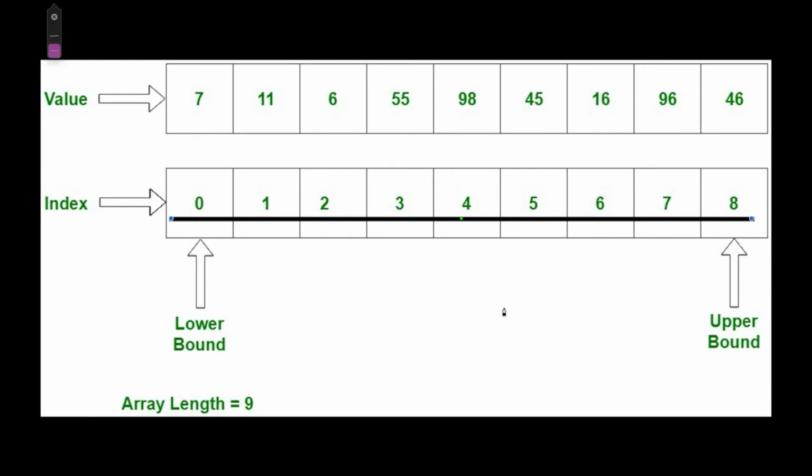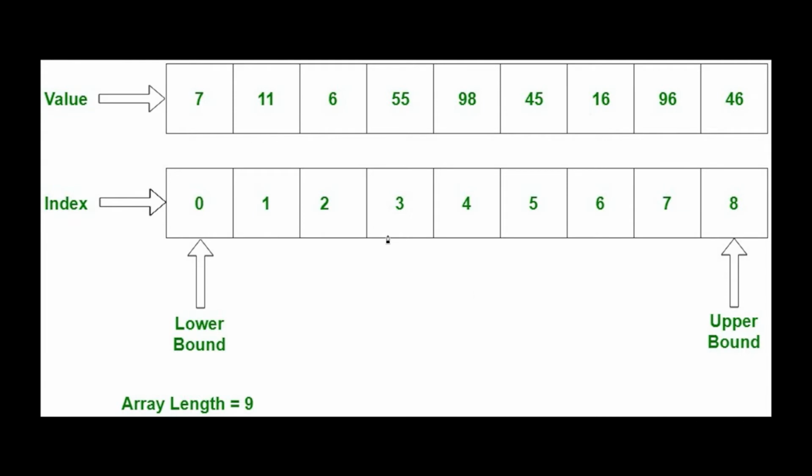Now let's say I want to use the first element of the array, so I want to access the value 7. I will have to use the index corresponding to it, index 0. Now let's say I want to access the fourth element of the array. The fourth element here will be 1, 2, 3, 4.